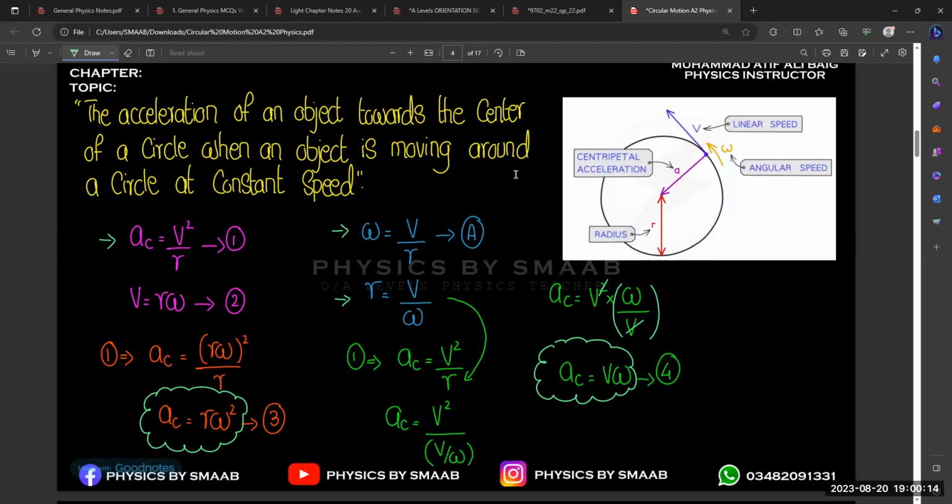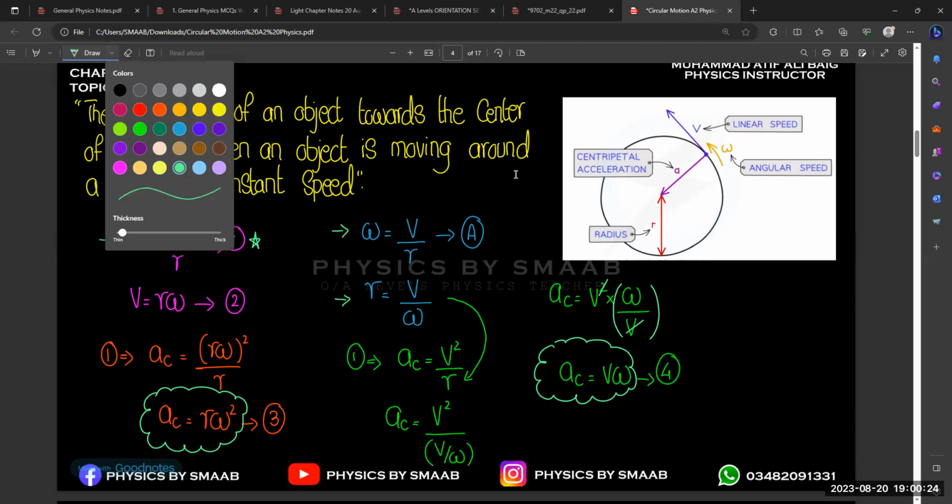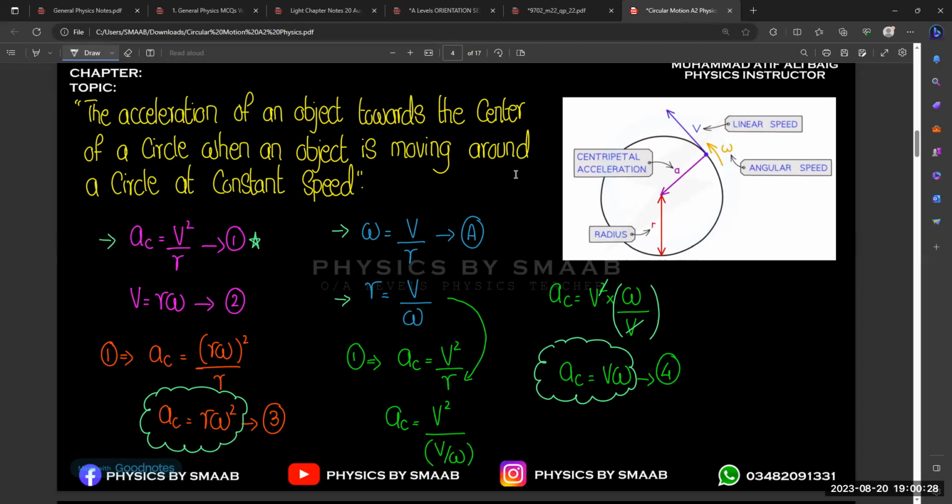Basically, we need to take the reference from the basic formula, that is equation number 1. After that we have two choices, right? Either we go with equation 2, or the second option is to go with equation number 4.